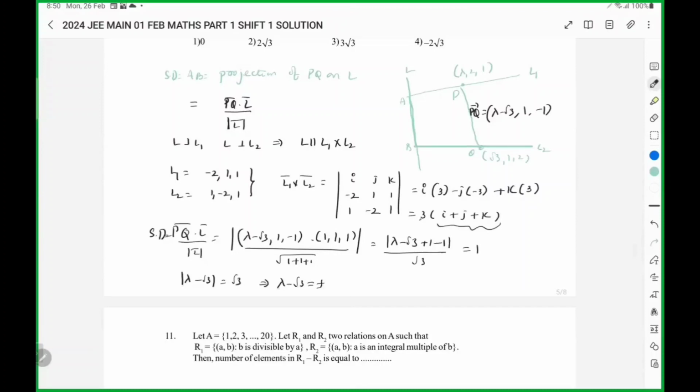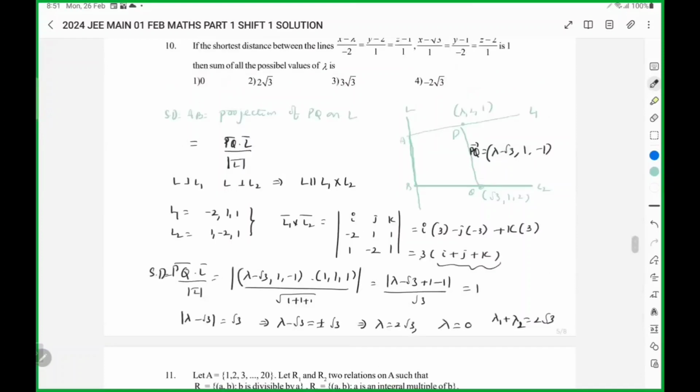Lambda minus root 3 is, lambda is 2 root 3, comma lambda is 0. Sum of the values will be 2 root 3.